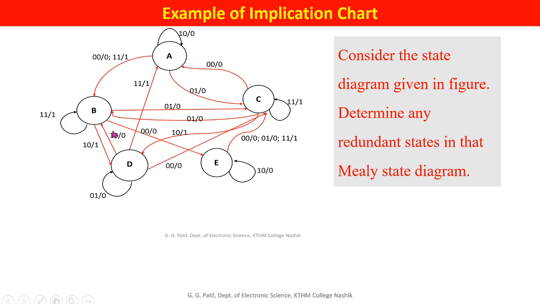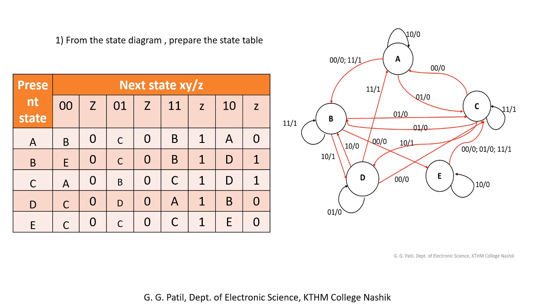It is shown in the next slide, so we'll switch to the next slide. See here again the state diagram is shown, and from that diagram the state table is prepared. Starting with the state A, the states are written in the present state column.